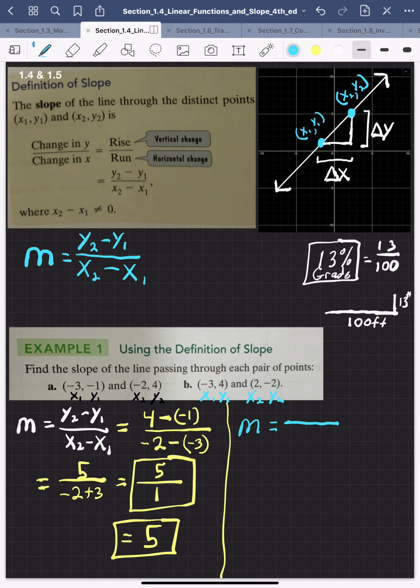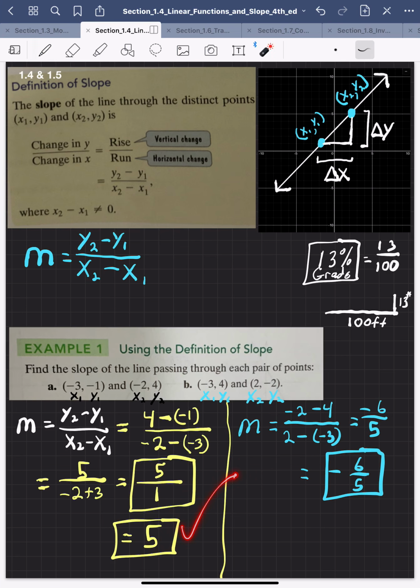Anyway, let's go ahead and plug in, and that's going to end up being -2 minus 4 divided by 2 minus -3, which is, we got -6 over 5. So there we go, -6/5.